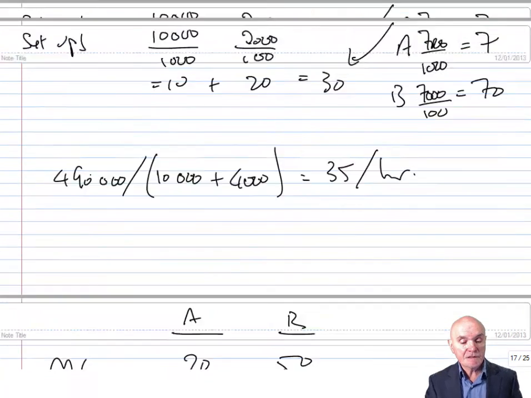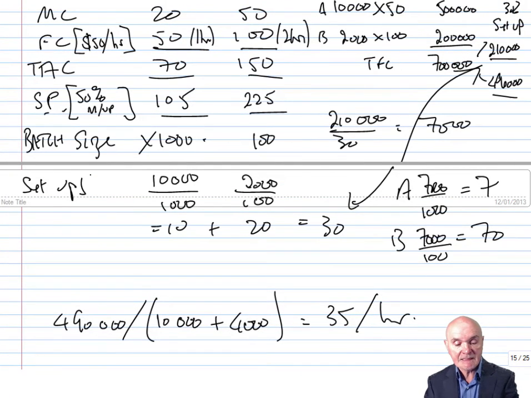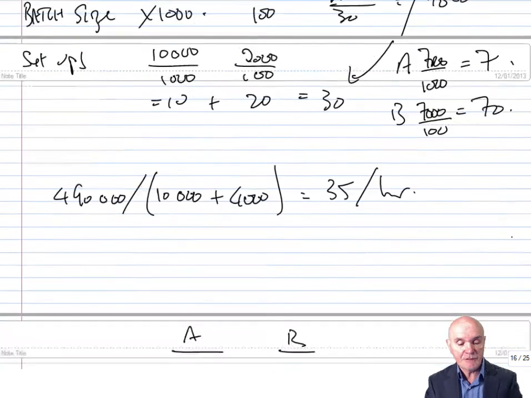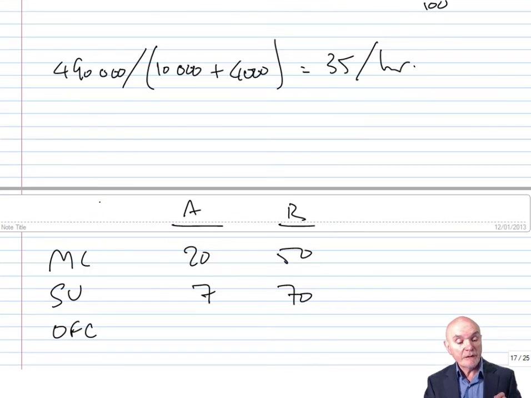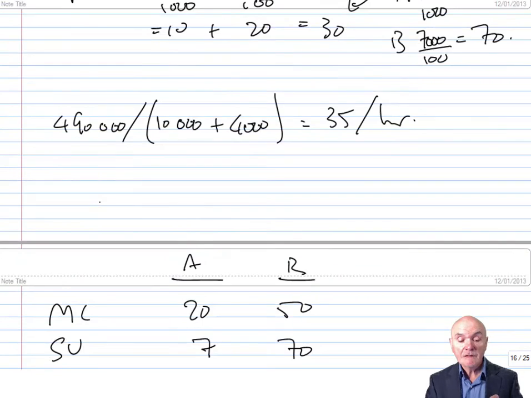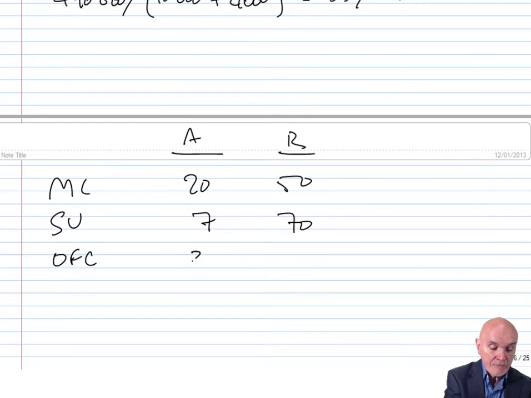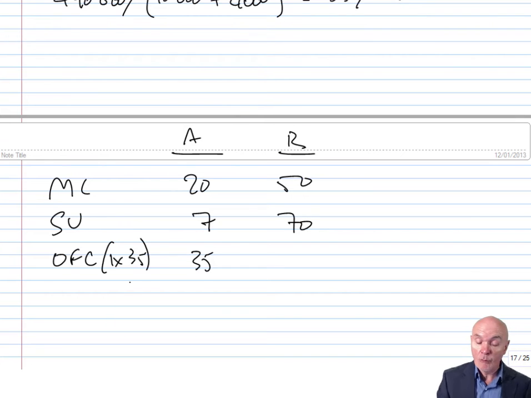And the setup costs, big difference, 7 per unit and 70 per unit. And the other fixed costs in here, remember it was per hour, so it's going to be 35 in here. So 1 times 35 there, because it only took 1 hour. And we're going to have 2 times 35 in there. That's going to be 70.